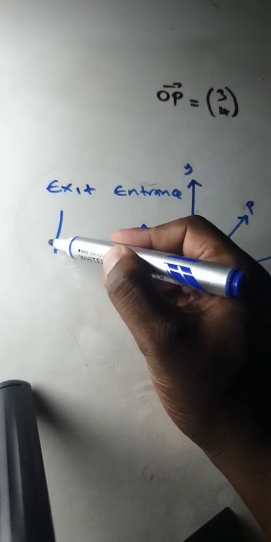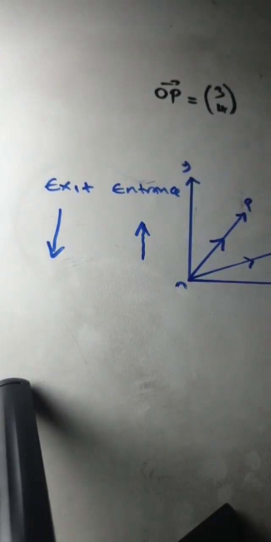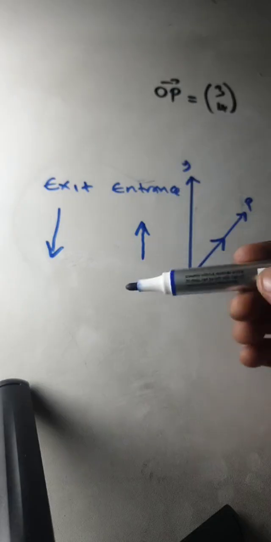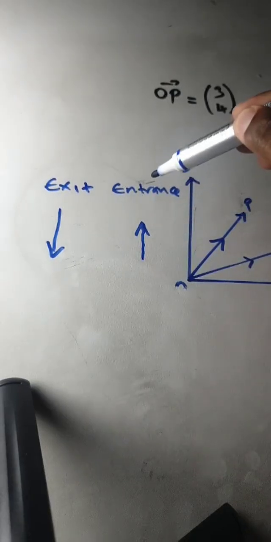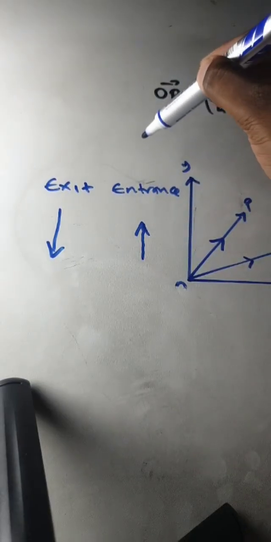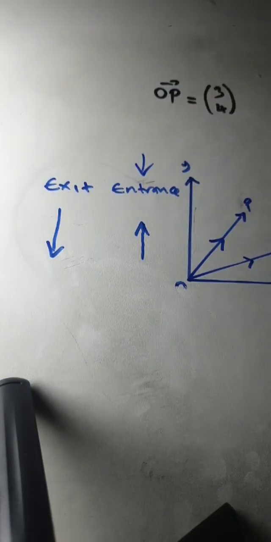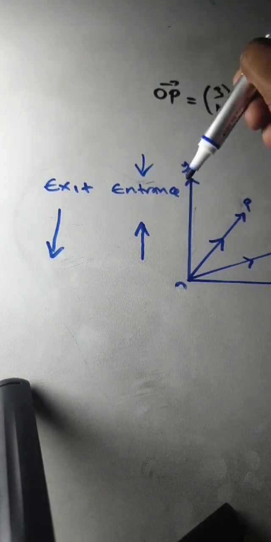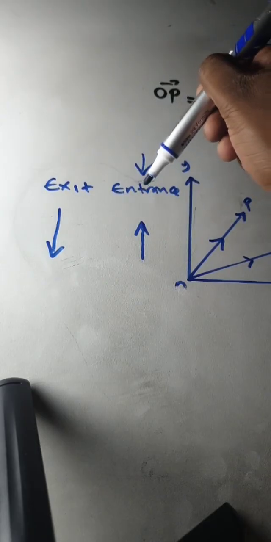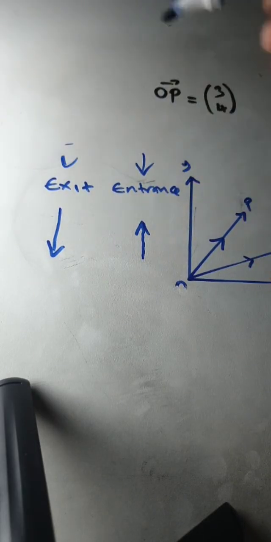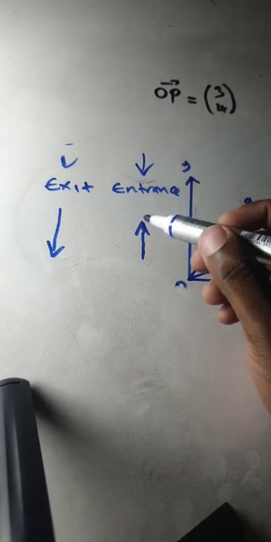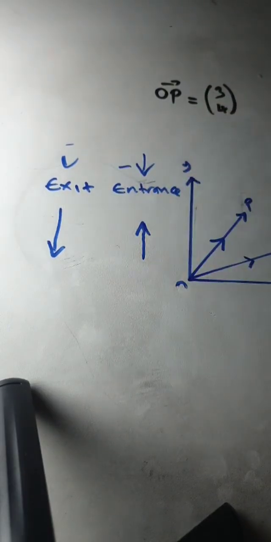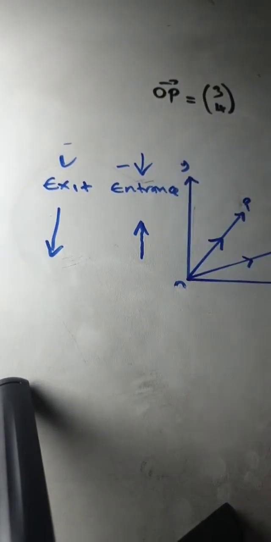The exit is where you come out. So the day you entered the shop, when coming out, if you use the entrance, you are going against the direction. If possible, the security officer will even tell you to use the other direction. So if you go against, we say it's a negative. If it's in the right direction, we don't put a negative.